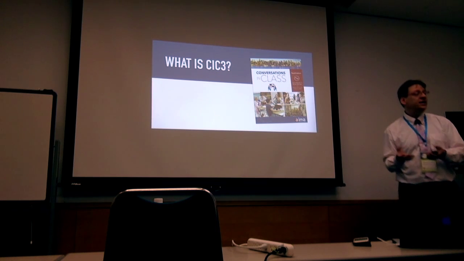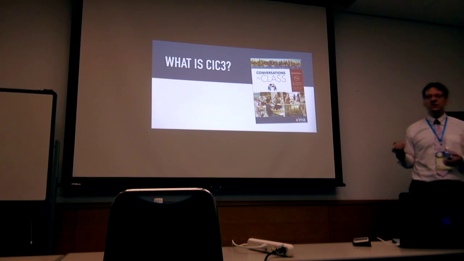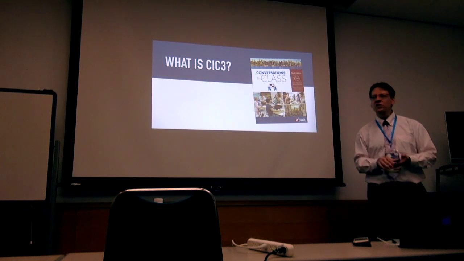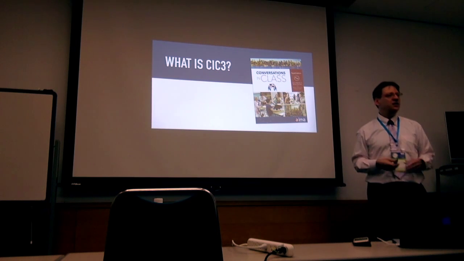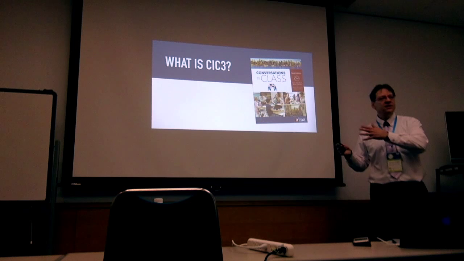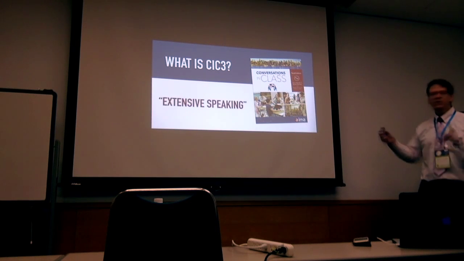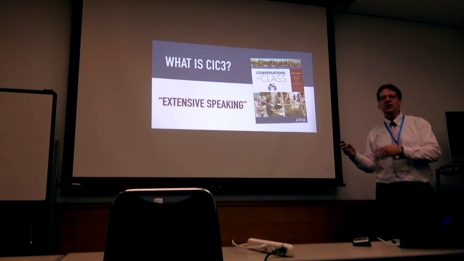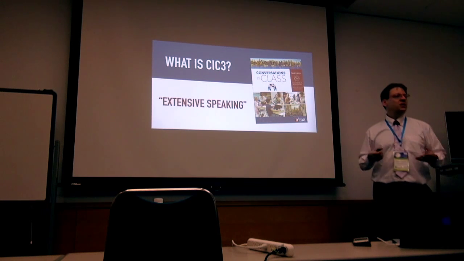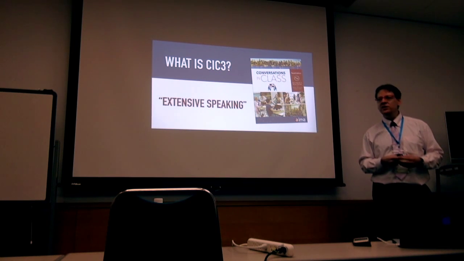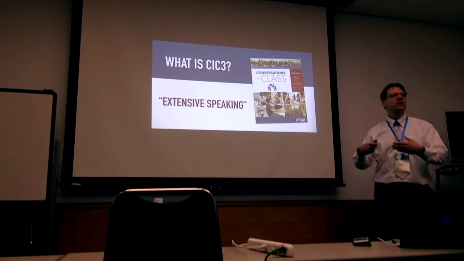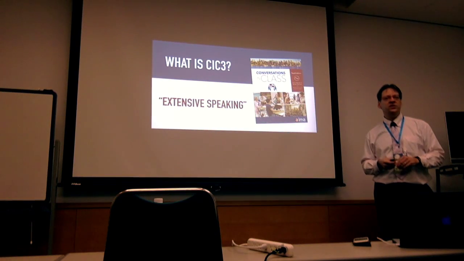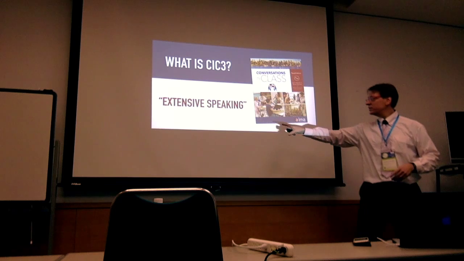And the whole idea is so that you're not burdened by the language and you're focusing on the story. And it's all about the joy of reading, right? So I like to think about this as kind of extensive speaking, where the language is not necessarily all new, but that it's activating what they've already learned over their years, and then teaching them really how to put it into real use, right?